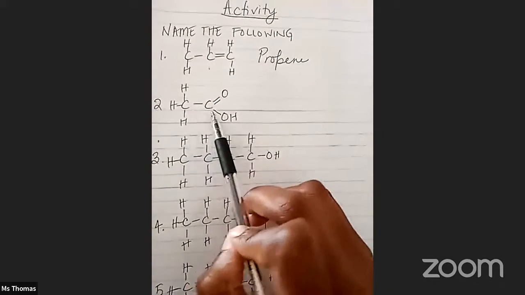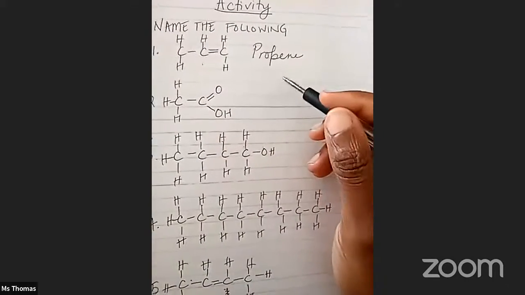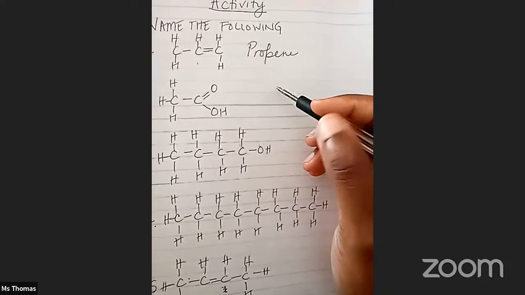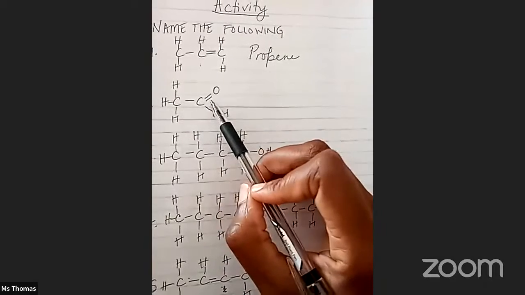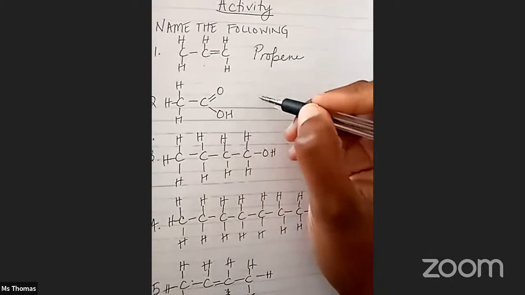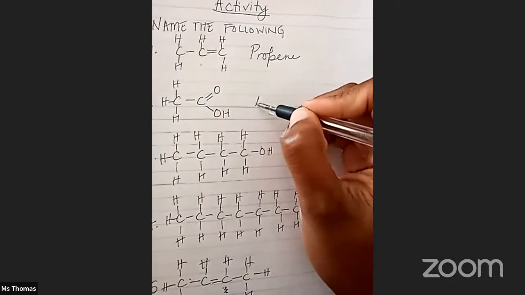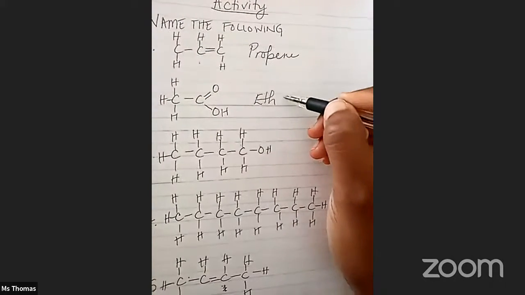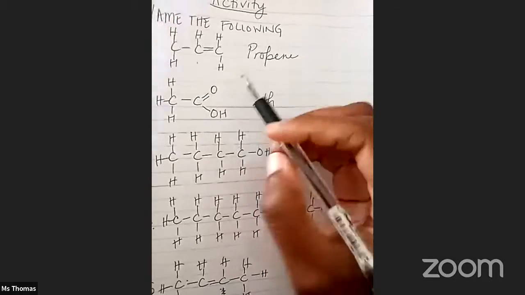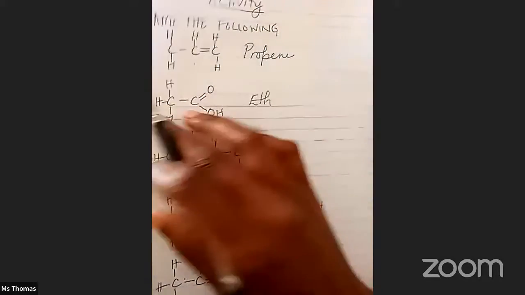Let us look at this one now. What's the name of this compound? How many carbons does it have? It's 2. So 2 is eth-, ethanol? No, it's not an alcohol. It's ethane.